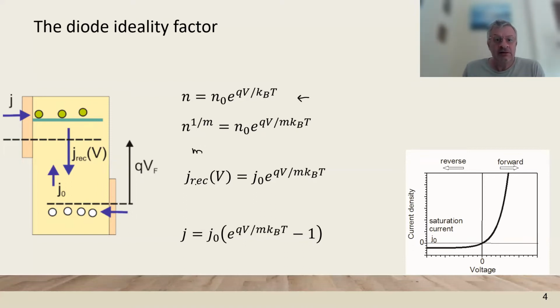Then the recombination current, which is proportional to the carrier density to this power, will be j0 and the exponential term with a generalization number m. And that goes into the final diode equation for recombination, and the m describes how fast this power law at forward voltage is rising.